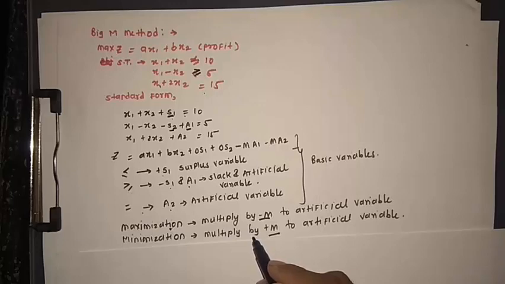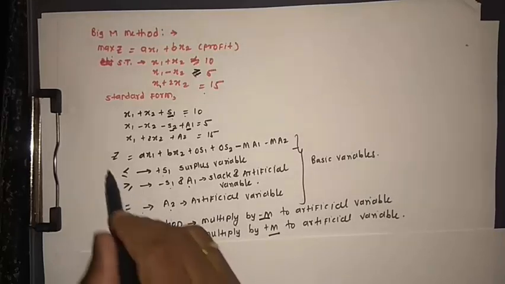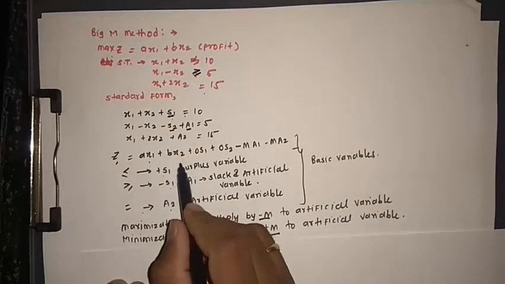We will see this in detail when solving the example. This M is nothing but a big value, maybe a big negative or big positive value, so generally we call it the BigM method. So let us see the objective function, z equals ax1 plus bx2.